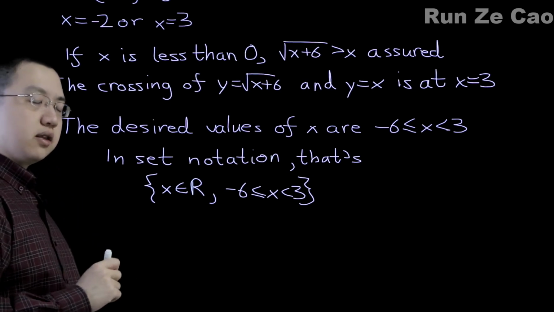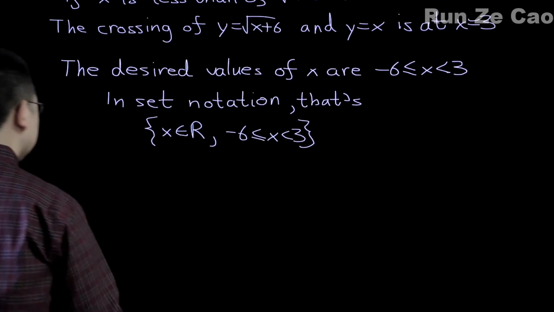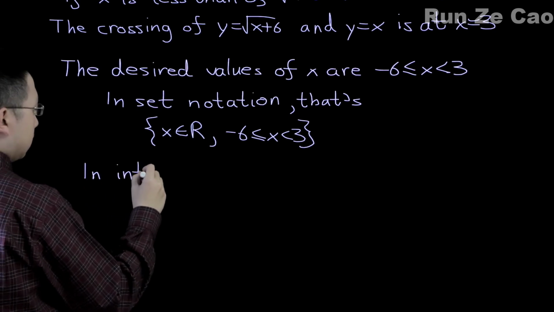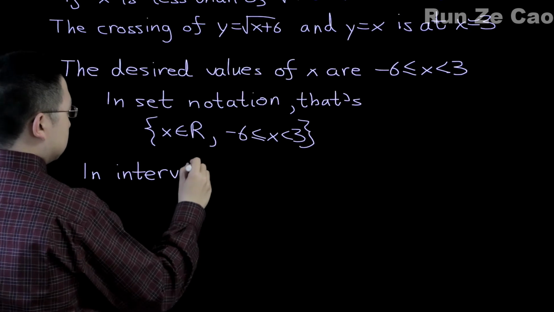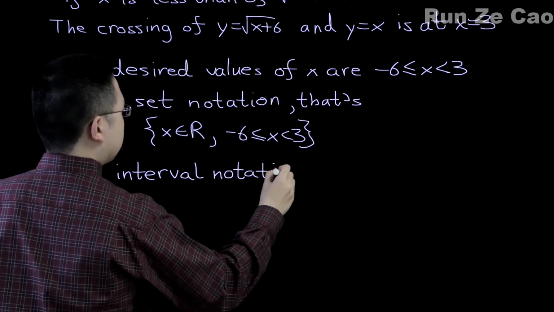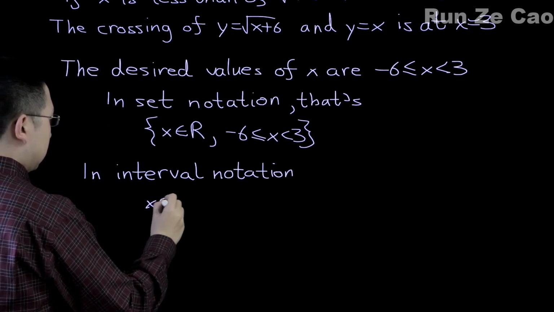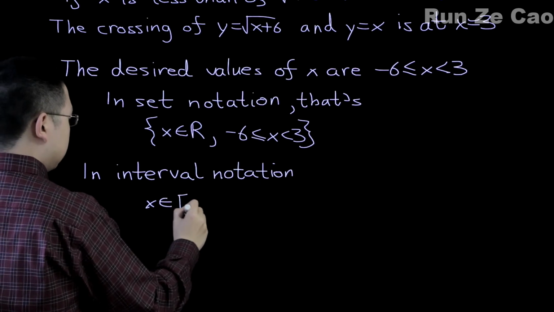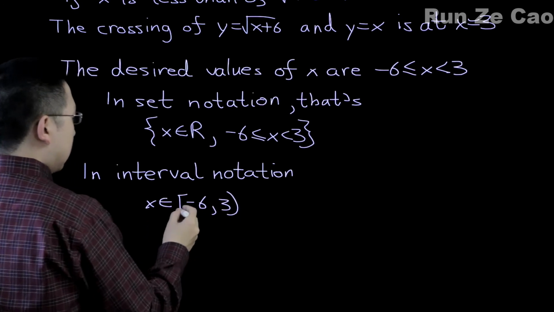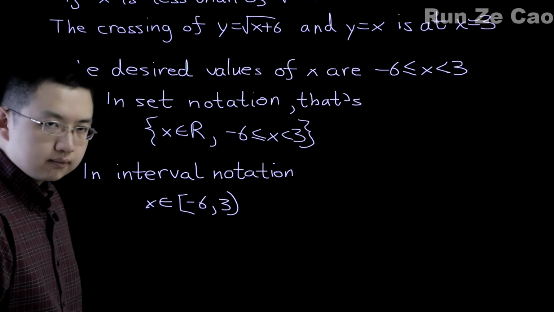Well, there is another way to write this. It is interval notation. You would write something that looks like this, more or less: x is an element of negative 6 to 3, inclusive for the negative 6 and exclusive for 3.